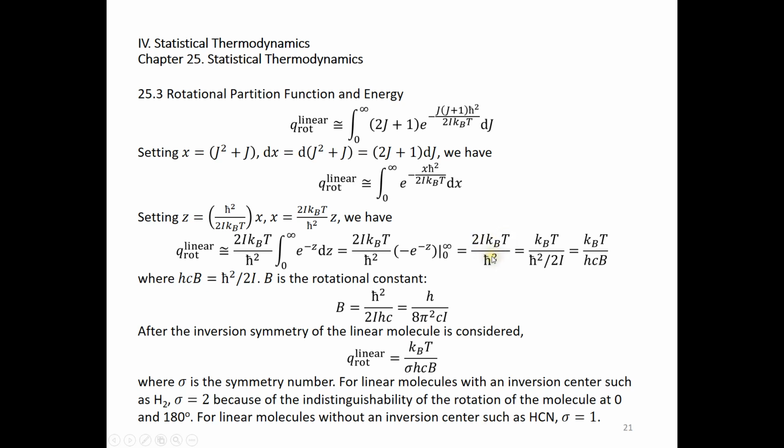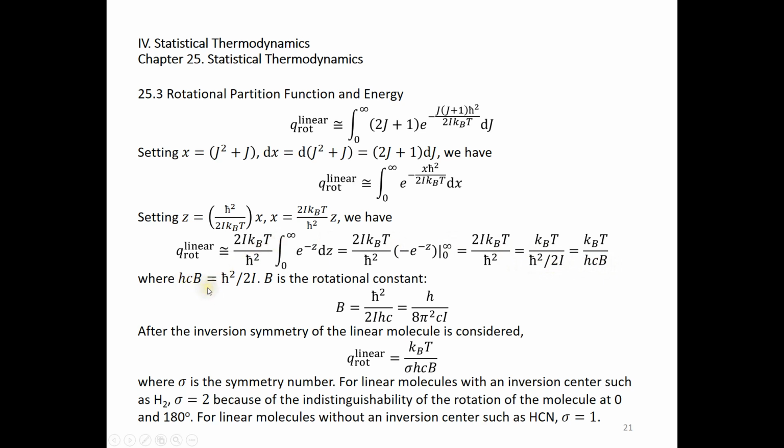Or we can write this as k_B T over (h bar squared over 2I). And remember, we defined this rotational constant in a way that hcB is equal to h bar squared over 2I. So the rotational partition function for a linear molecule can also be written as k_B T over hcB, only because we defined B so that hcB is equal to h bar squared over 2I.